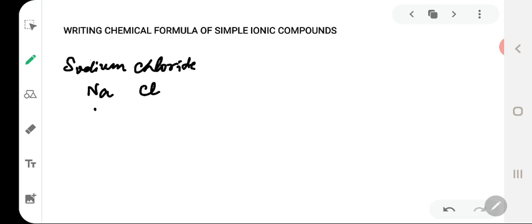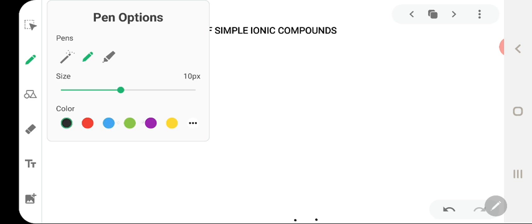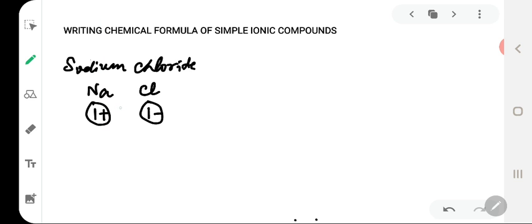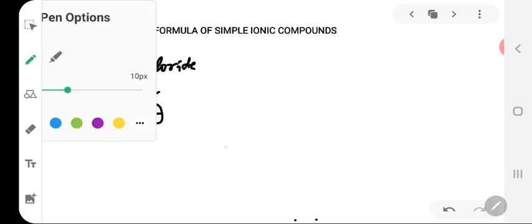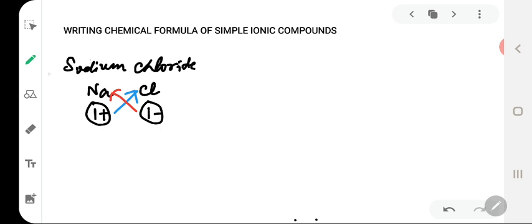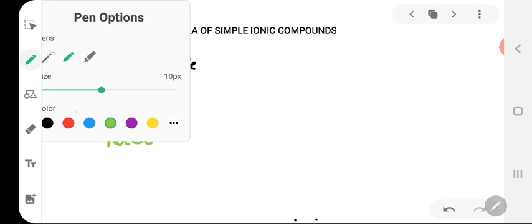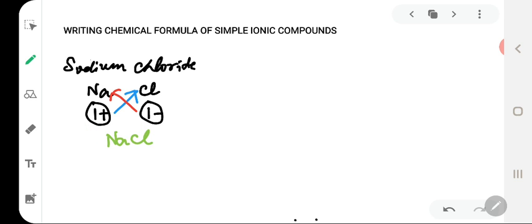So sodium ion has got 1 plus and chlorine is 1 minus. So now we have to do the crossover. So 1 plus goes this side and 1 minus goes this side. So now the formula becomes NaCl. Let's do for the next one.